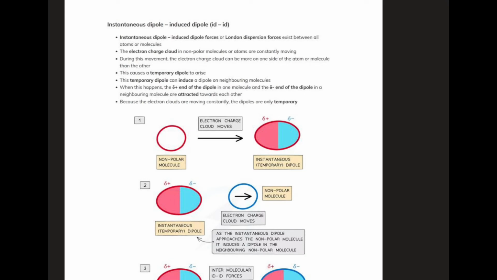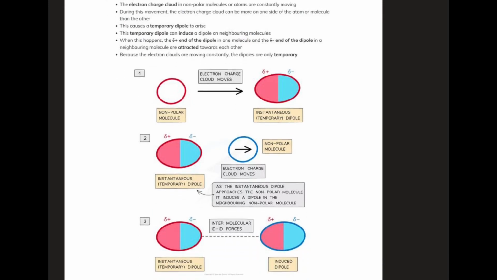Okay, let's see the information here. First is the electron charge cloud, which is constantly moving, and it can be more on one side, causing a temporary dipole, this one. Then the temporary dipole can induce a dipole on neighboring molecules, which is this situation.